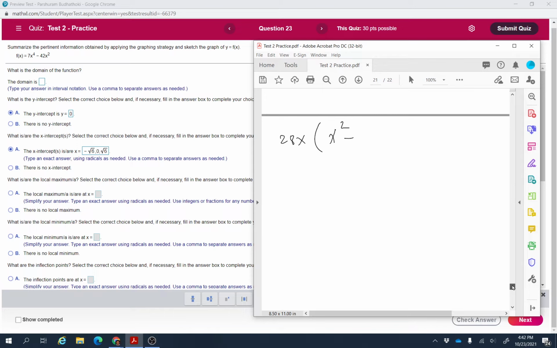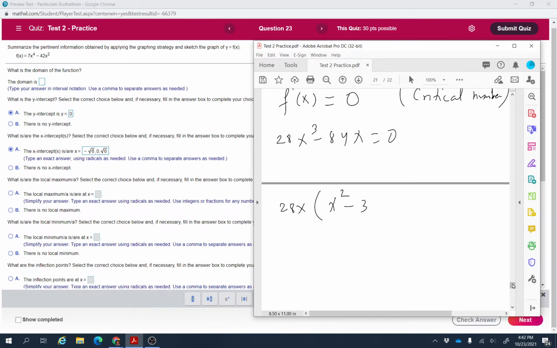It's a 3, right? So if you solve this, one answer is 0 and the other two come from x squared minus 3 equals 0, so it's the square root of negative 3 and the square root of positive 3. So these are the three critical points.